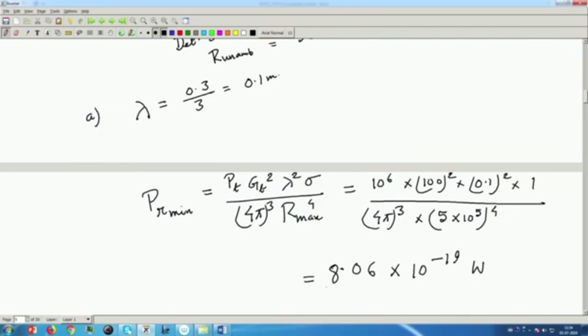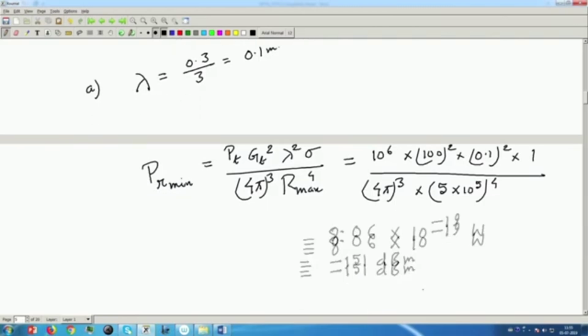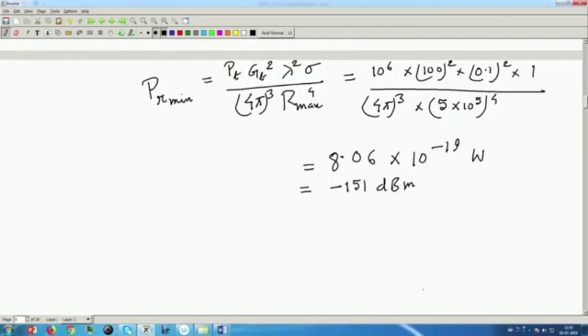If you convert it to dBm, it will be minus 151 dBm.